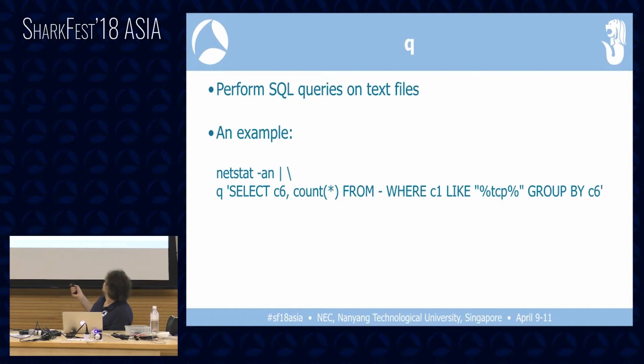I'm reading from standard in, and I'm going to use only the lines where the first field has TCP in it, and then I'm going to group by the sixth field, which is the status, and I'm going to select the status and the count of the status.